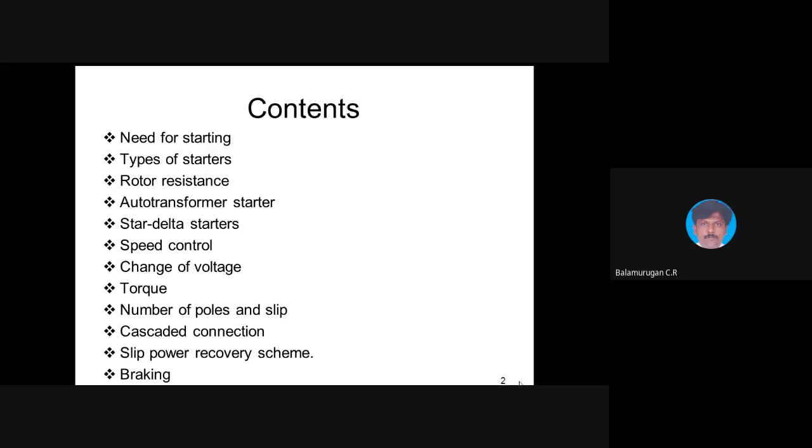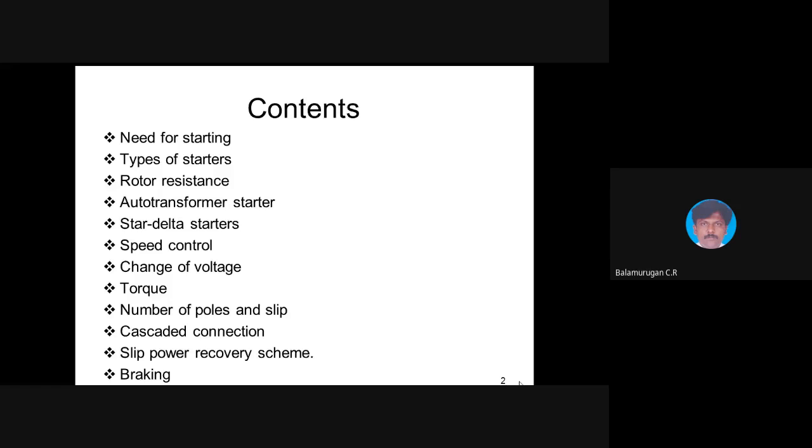Similar to DC starters, you already studied about the DC starters. There are 3 point, 2 point, and 4 point starters. You are familiar with the operation of those starters and the necessity of starters.